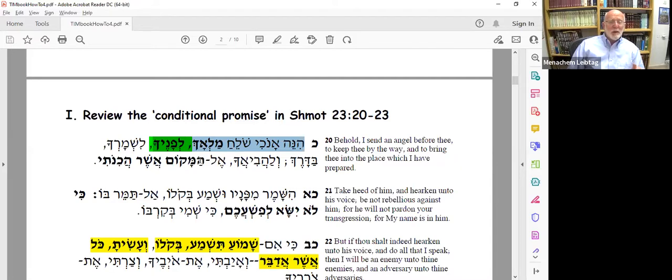Understand why it's so important? God's not saying, I'm going to send Moshe a malach, but rather, God tells Moshe, tell this to the people, I'm going to send a malach for the people. Now, there's two ways to read this word. I could read malach or malach, meaning what? A malach, for the sake of analogy, is what I call an angel, like on the drawings you have, and sometimes in churches you have those drawings with angels on the wall, things like that.